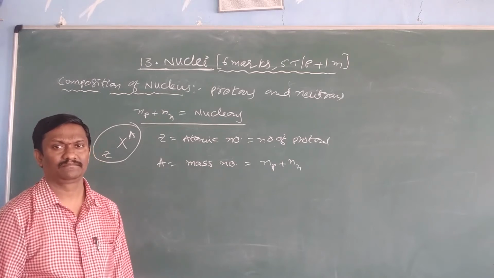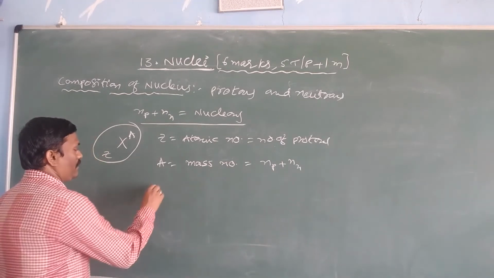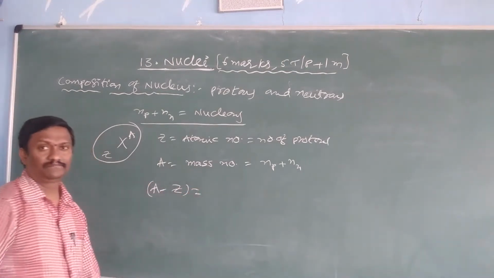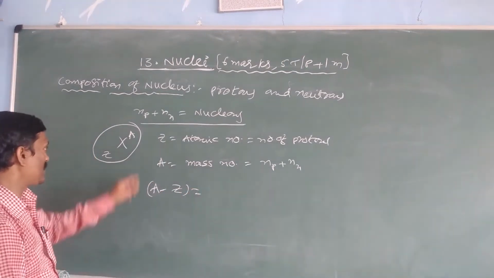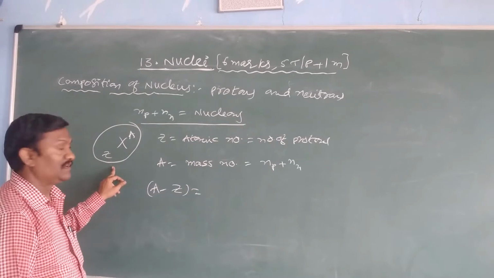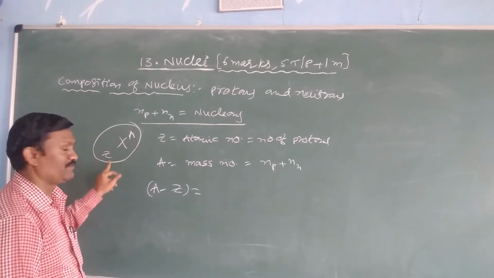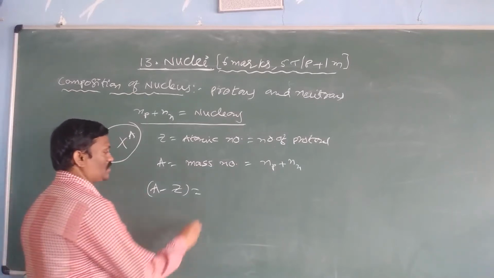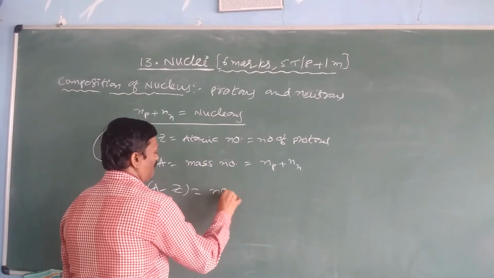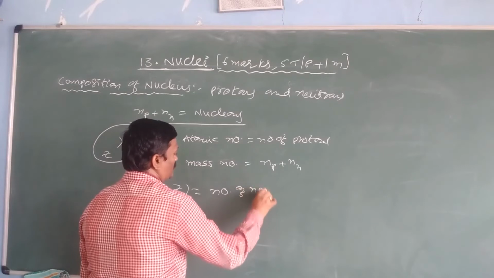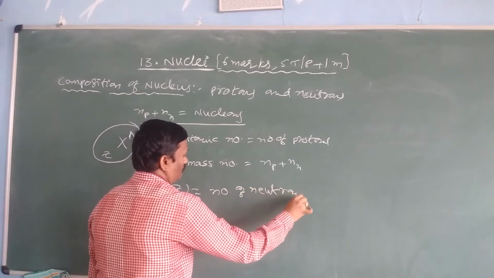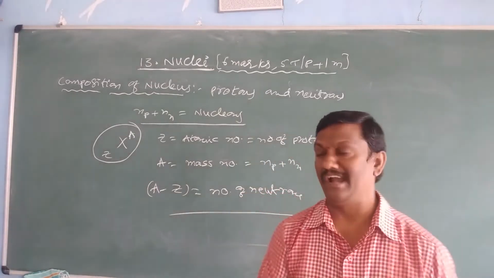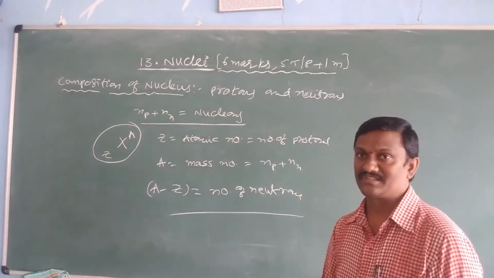But how to find the number of neutrons? The number of neutrons is A minus Z. Total number of nucleons minus number of protons gives the number of neutrons. So that is about the composition and representation of the nucleus.